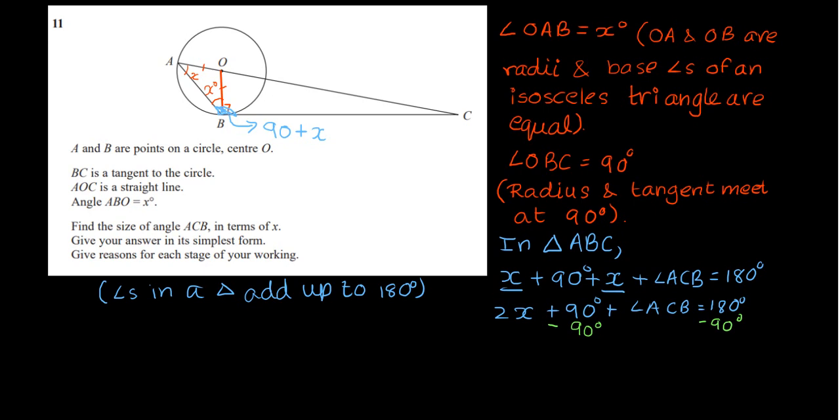So that would leave me with 2x plus angle ACB is equal to 90 degrees. And then to get angle ACB on its own, I'm going to subtract 2x both sides. So then I get angle ACB is 90 degrees minus 2x. And that's that.